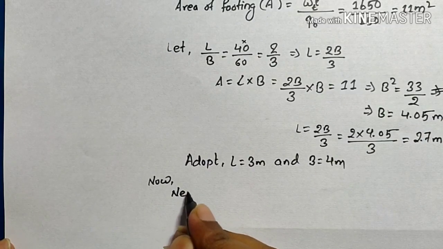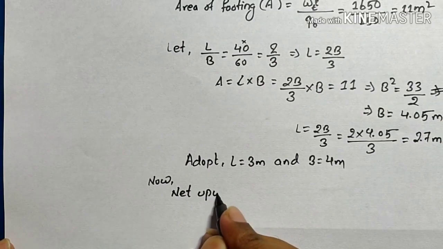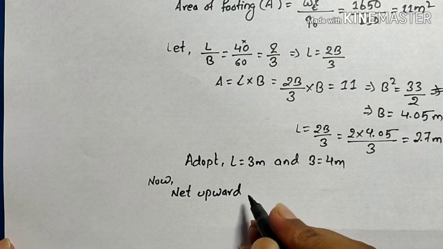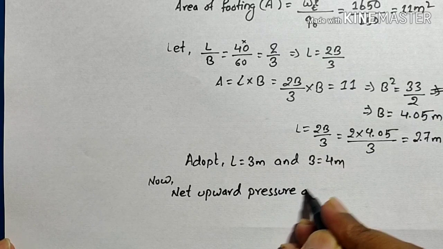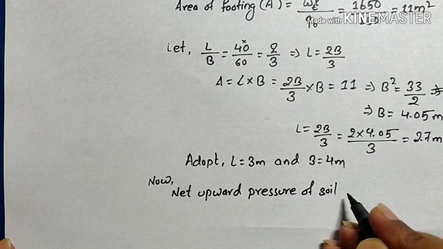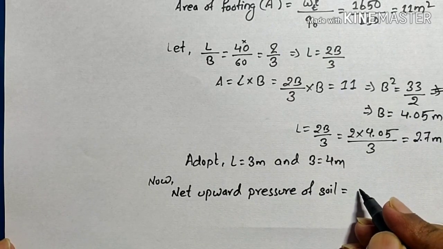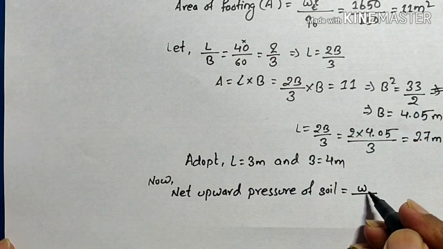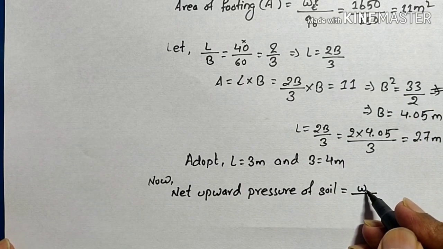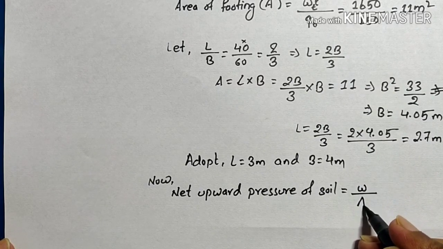Now the net upward pressure of soil equals pressure equals weight, meaning the load which is coming from the column, divided by area.